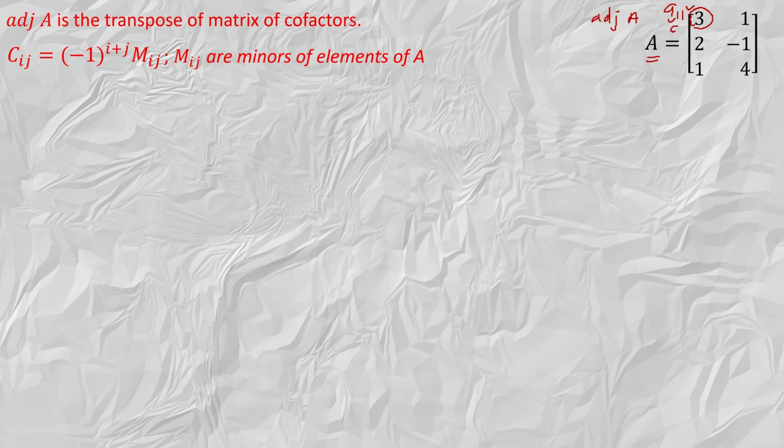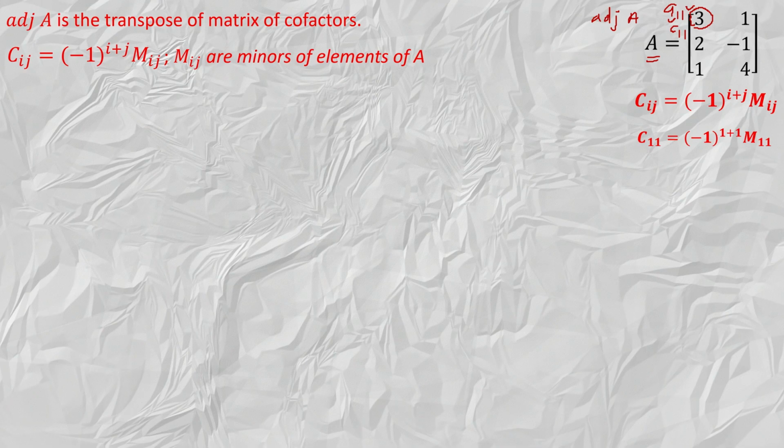So we shall find C11. By definition, Cij is equal to -1 raised to power i plus j into Mij. Therefore, C11 will be equal to -1 raised to power 1 plus 1 into M11.